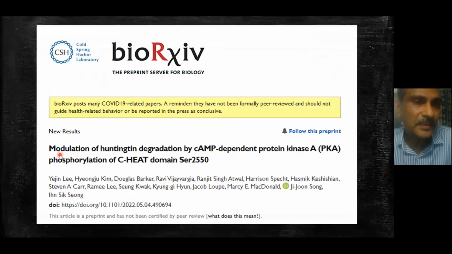This is another very important finding, and it all started by determining this novel phosphorylation site using the purified protein. I think all these publications were possible because of the production of full-length Huntingtin purified proteins, and the lab is still working on more aspects of it.